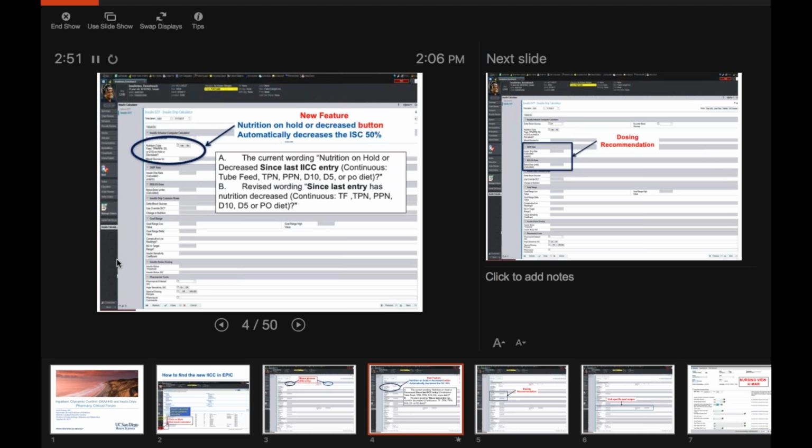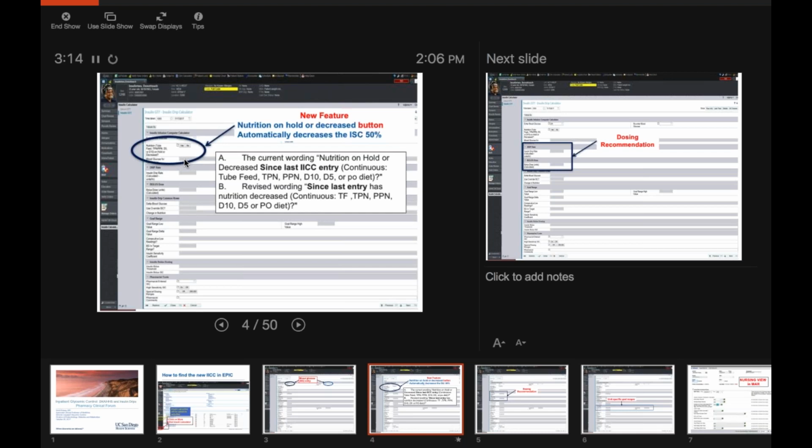So we are about to send out a nursing survey to see if this current wording, which says nutrition on hold or decreased since last entry, and gives them examples of any continuous dextrose source, versus since last entry has nutrition decreased, with those same examples.